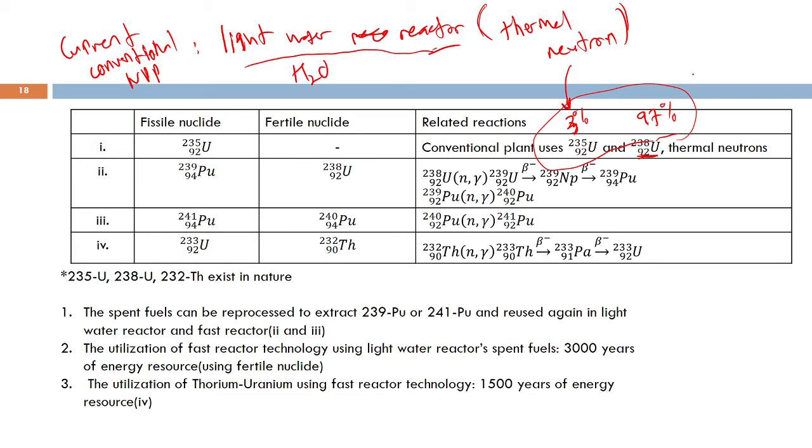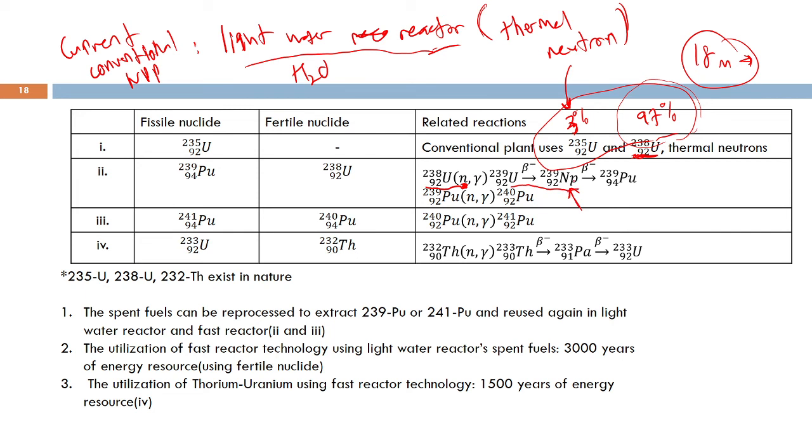So after typically 18 months, uranium-235 will be depleted, and at the same time, because the large portion of the fuel is uranium-238, during the fission of uranium-235 the uranium-238 is absorbing thermal neutron, becoming uranium-239, and then beta minus decay, becoming neptunium-239, which I mentioned in chapter 4.